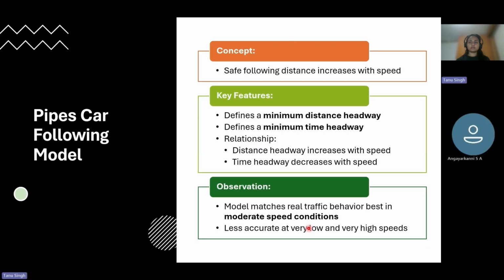Now comes the Pipes car following model. This model is based upon the simple idea that as the speed of the vehicle increases, the safe following distance should also increase. From this concept, the model defines both a minimum distance headway and a minimum time headway.